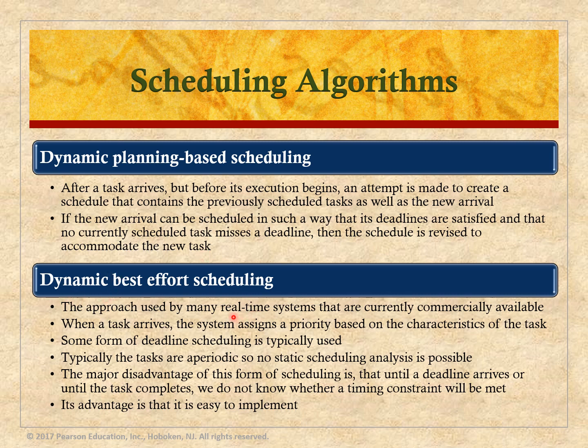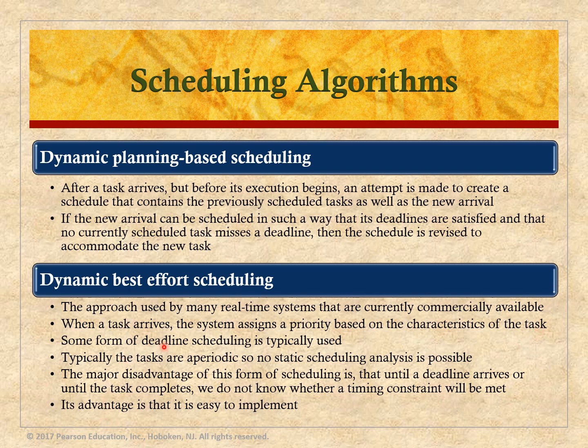The second dynamic scheduling is dynamic best effort scheduling. This approach is used in many real-time systems. It is based on the characteristics of the task itself, so priority is based on the task's characteristics.